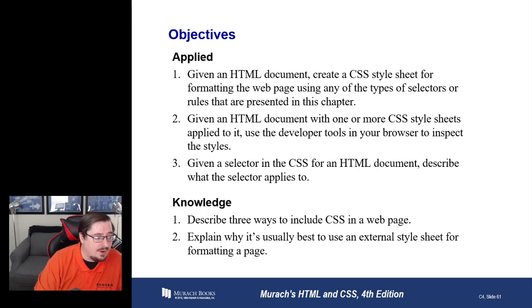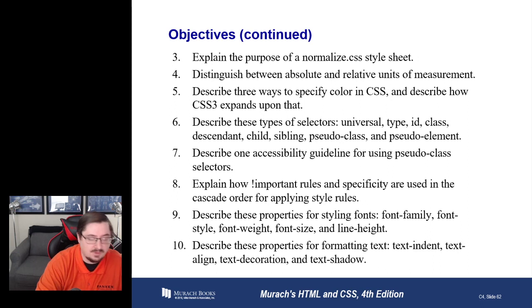We talked about why it's best to put most of your CSS in an external style sheet. There's more info about that and the reasoning behind it in the book. So definitely read through chapter 4 and you'll find some more information there.